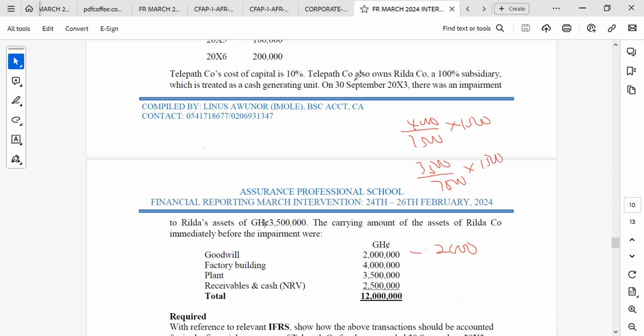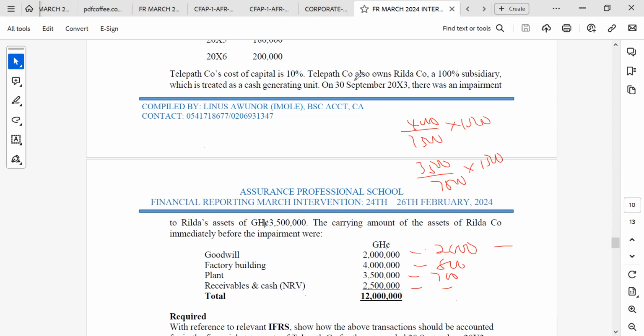What are we getting? That's 4,000 divided by 7,500 times 1,500. I'm getting 800. And this will be 700. This will be dash. Is that correct? Yeah. So what you do now is that you have to find the carrying value after this.